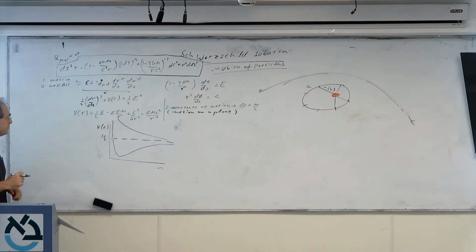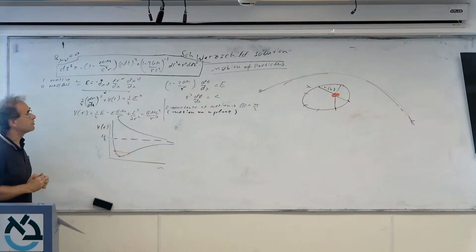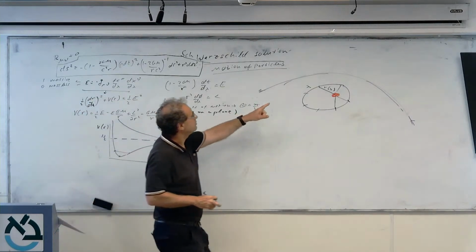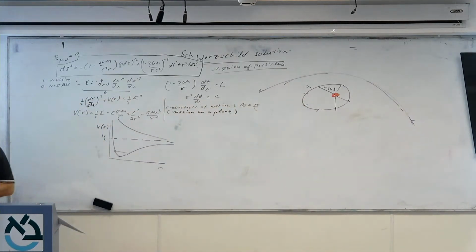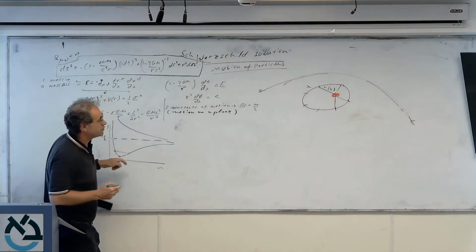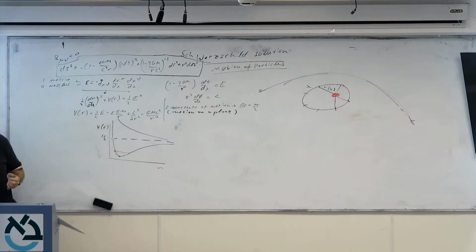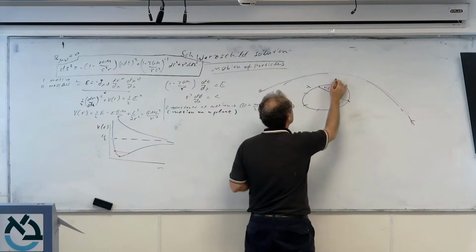You have bound trajectories, essentially what is plotted here. So you have a circle, a circular orbit.